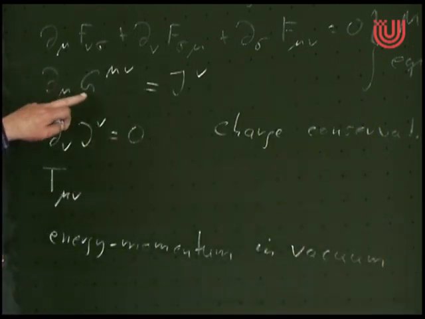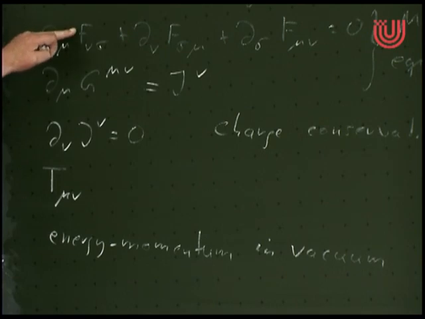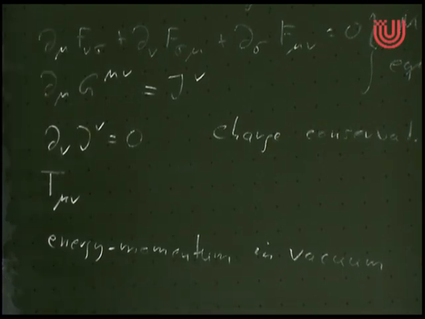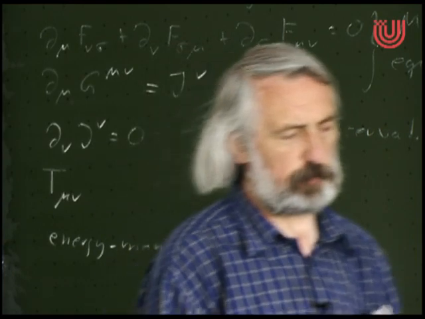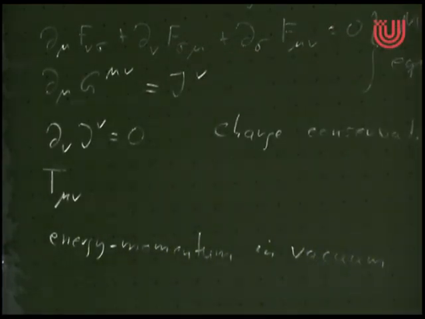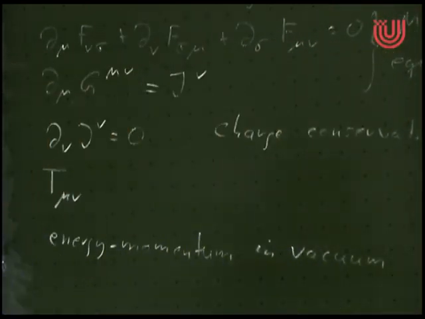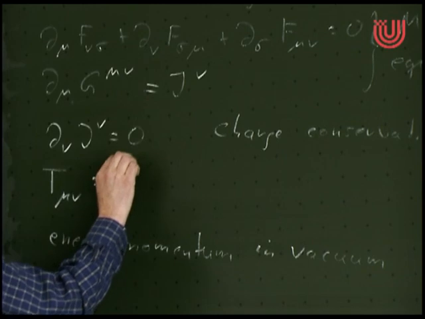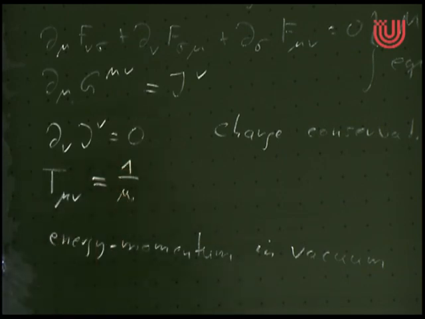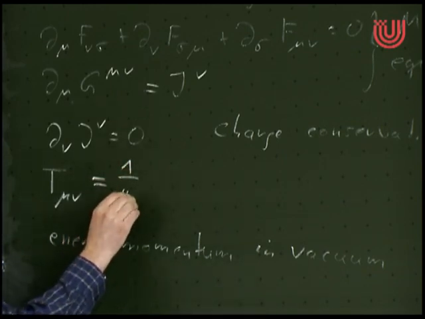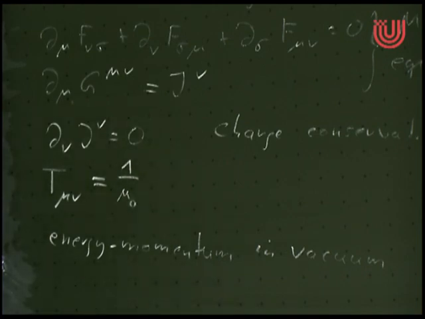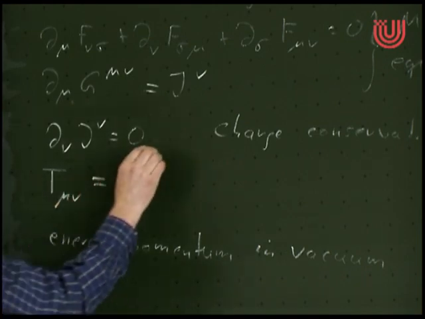So for the case that the G is essentially the same as the F, just up to this constant mu naught, this permeability of vacuum. Because there are problems with the energy momentum tensor in general, which I wanted to evade. So here I have 1 over mu naught. That's this constant, this permeability of vacuum, which in the older literature is set equal to 0, but we are now forced to consider it.